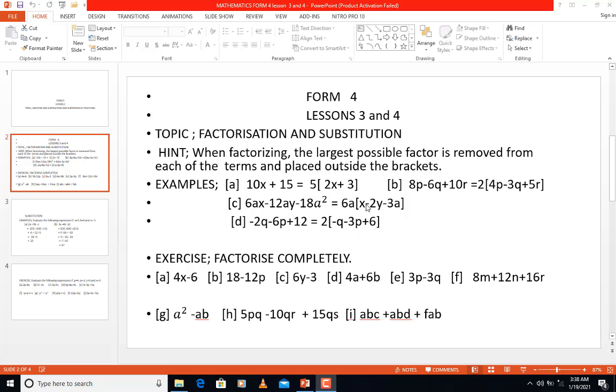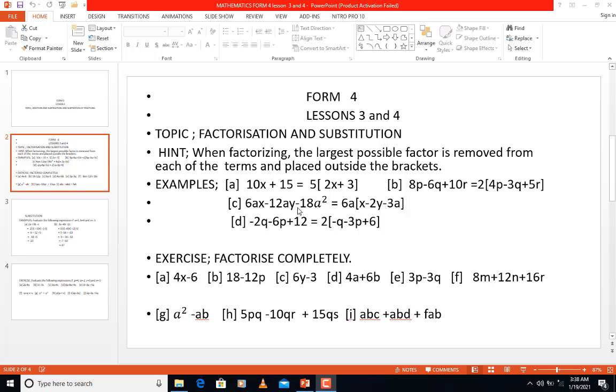So this is how we factorize. Factorization is taking out the largest possible factor. And here you ought to be very careful, because an expression is given, and an expression has numbers and letters.